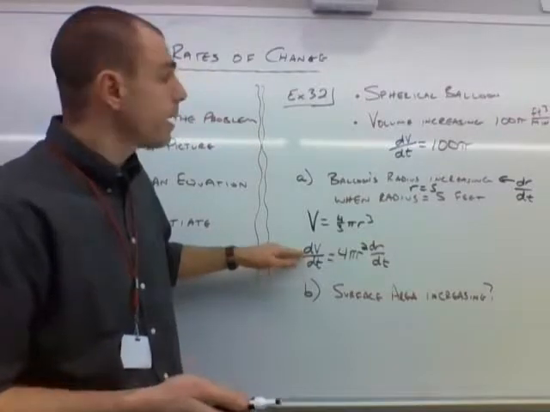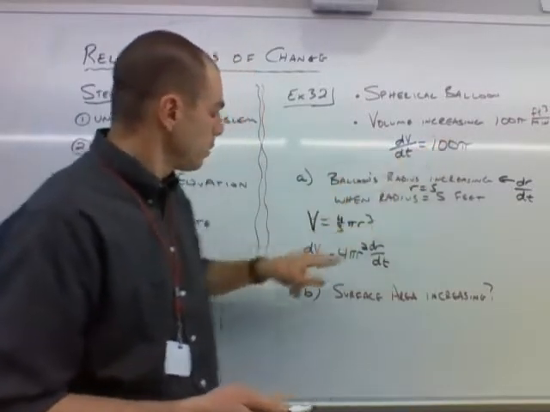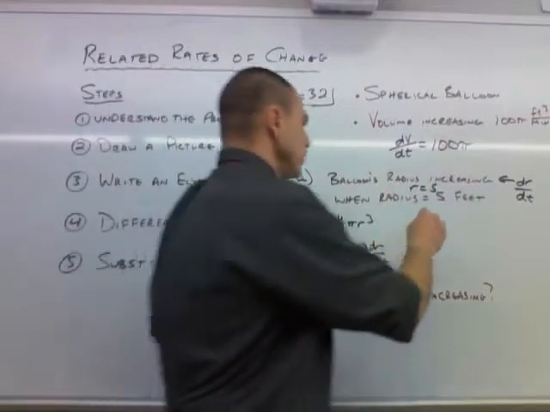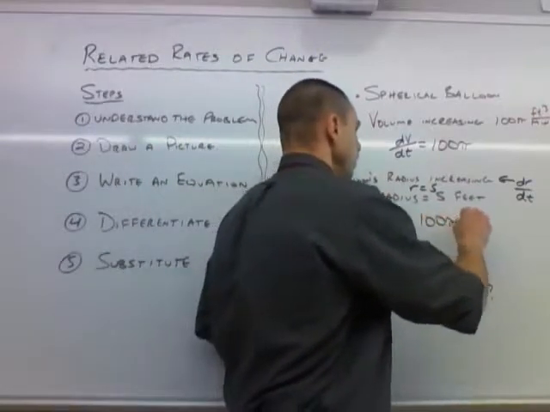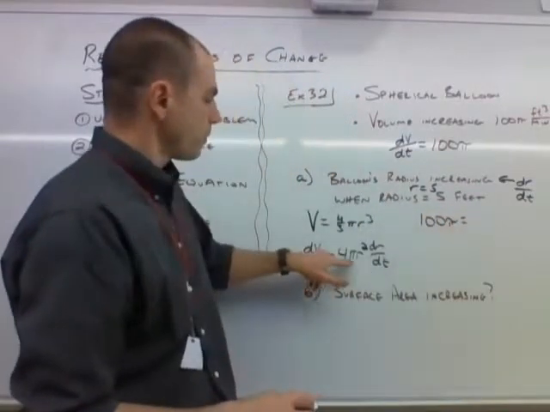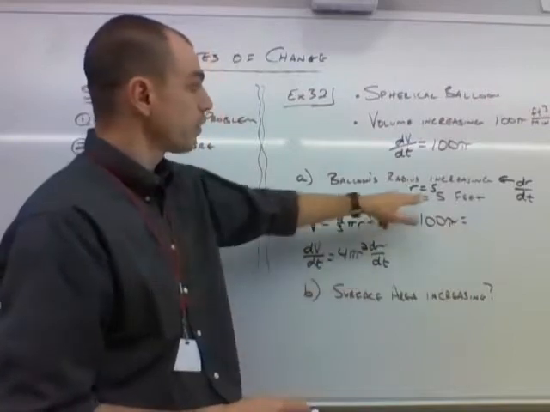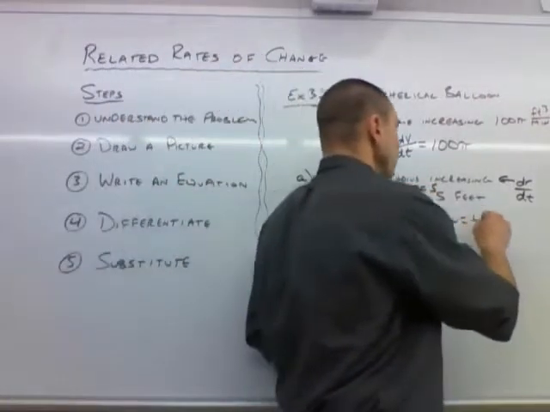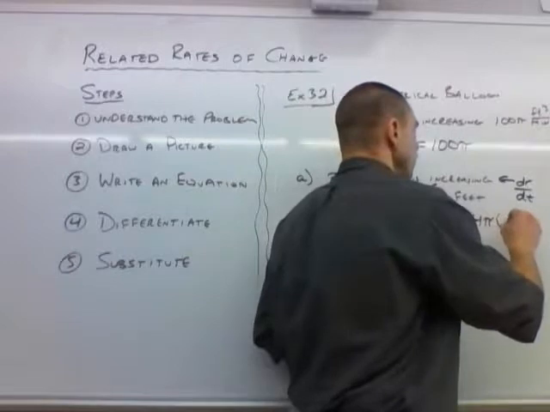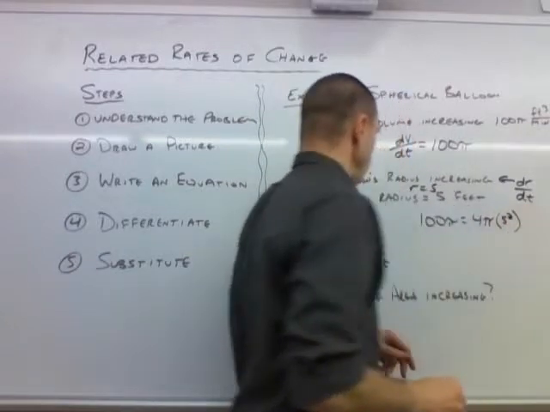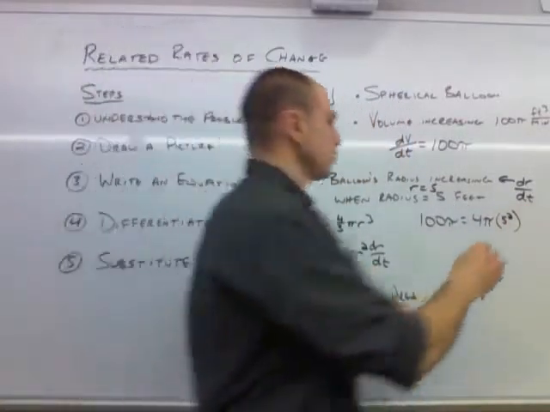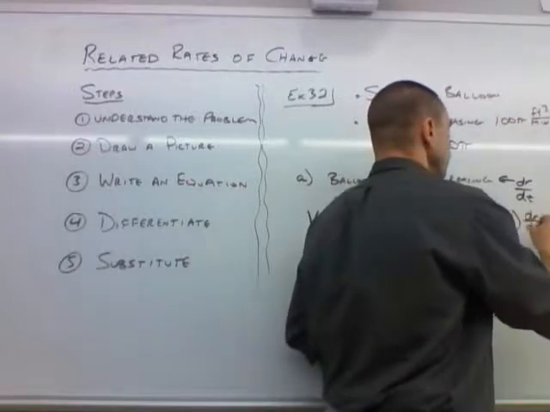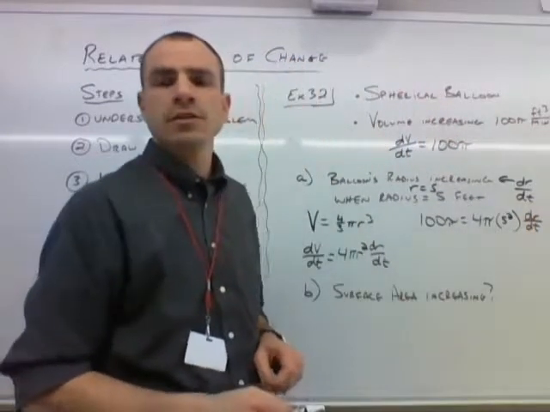We're plugging in our values. We have 100 pi going in for dV dt. We have 4 times pi times r squared, and we know that r is 5. So 4 times pi times 5 squared. And then we're trying to find what dr dt is equal to. So here's dr dt right at the edge of our screen there.